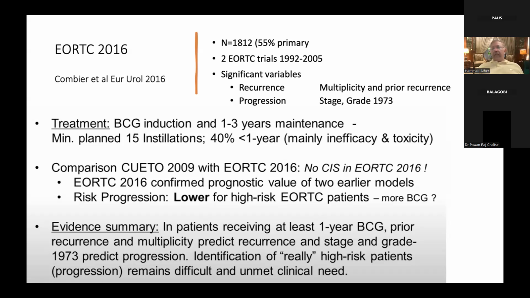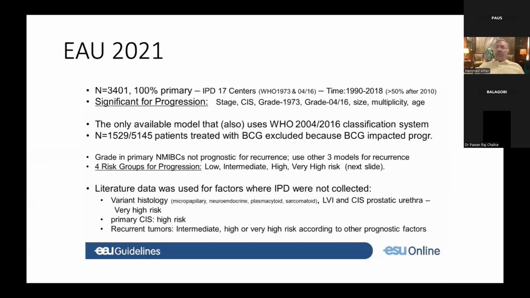So at least 1 year of BCG significantly impacted high-risk patients who were treated by it.